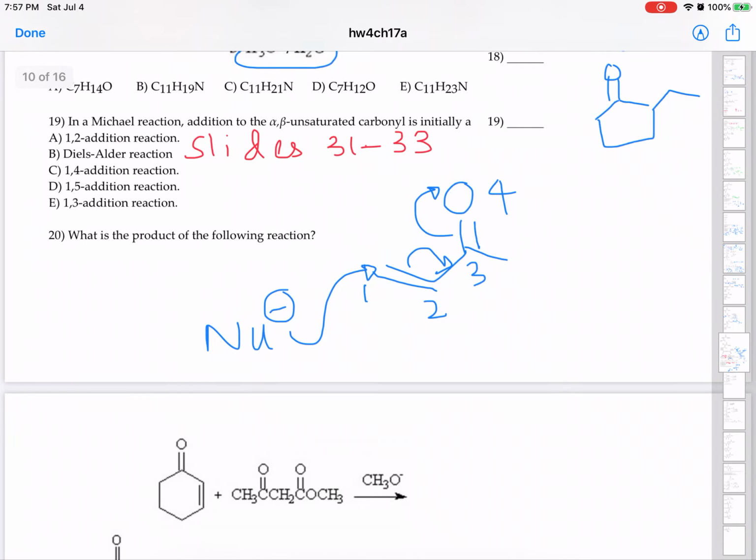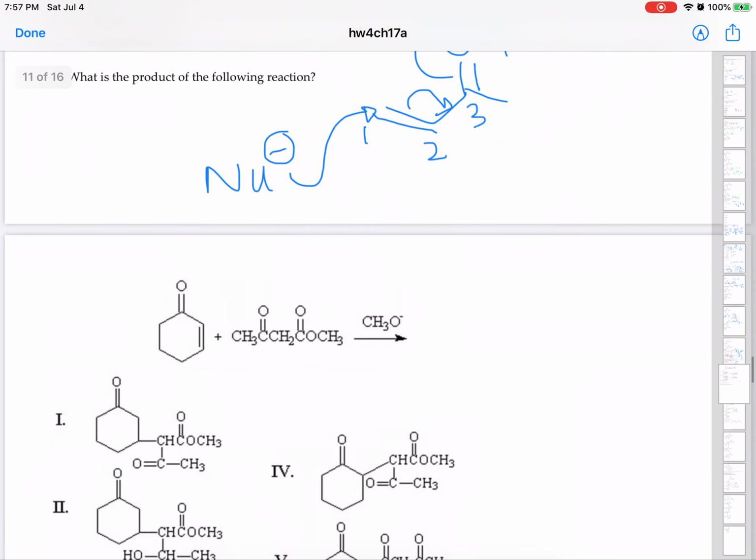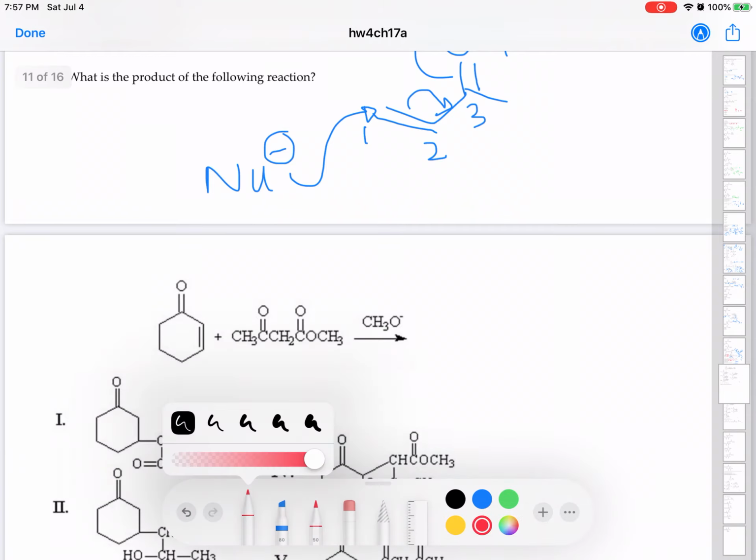And then the next one, what is the product of the following reaction? Now this is also a Michael addition, conjugate addition. Same slides you can refer to. So when you add the methoxide, what's going to happen? Now where do we have the most acidic alpha hydrogens? You're going to find it in here.